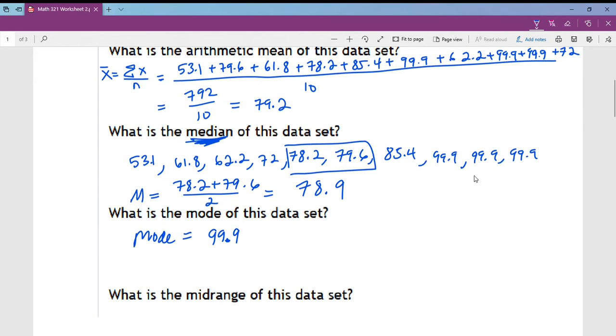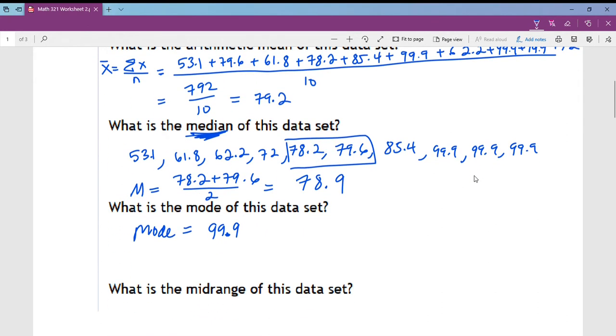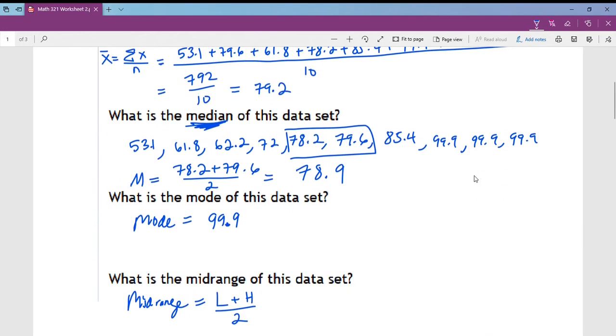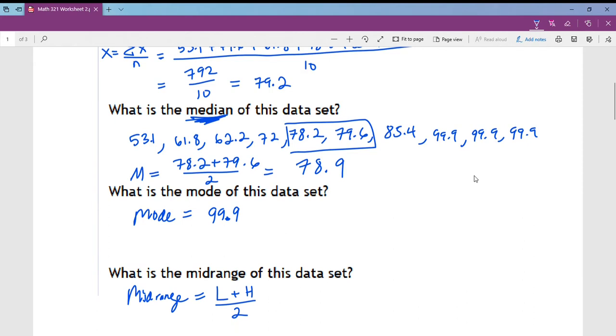For the last question, we're looking for the mid-range. The mid-range is the lowest value plus the highest value in the data set divided by 2. So we'll look at our data set. The lowest value is 53.1 and the highest value we know is 99.9.